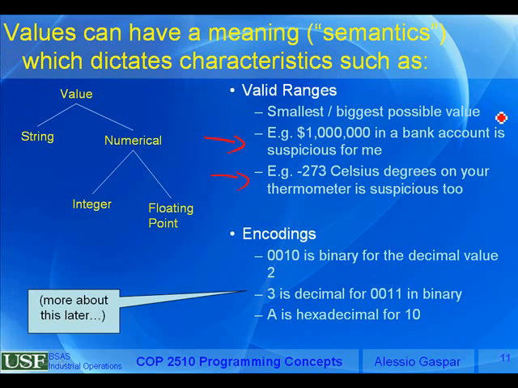What makes a valid temperature? What makes a valid balance on your bank account? Well, those concepts are also going to translate into the data types that we manipulate in a computer program. What makes an integer? Well, an integer is obviously a number that doesn't have a decimal point.